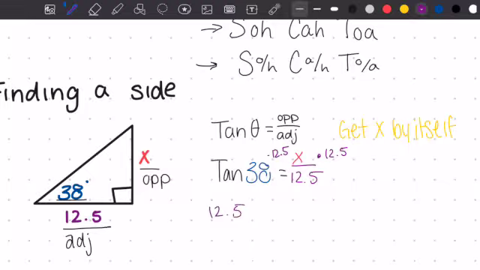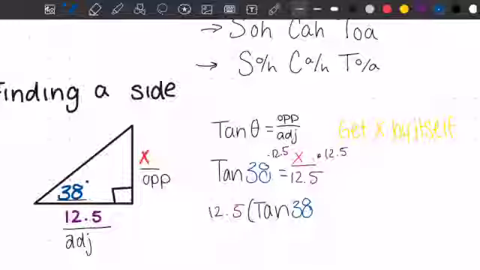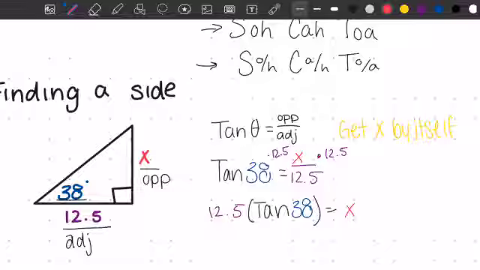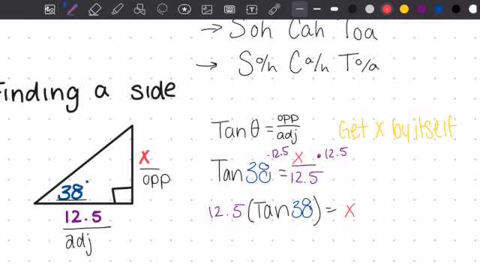And so I would end up with 12.5 times tan 38 equals x. I can plug that into my calculator just like that. If you have a Casio calculator, we should have gotten 9.76, okay?